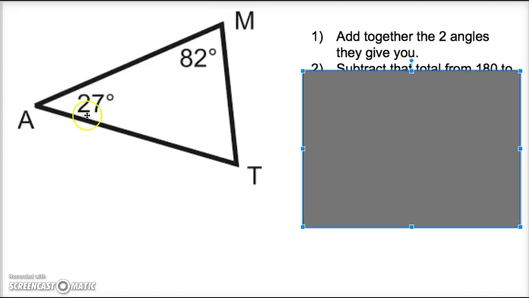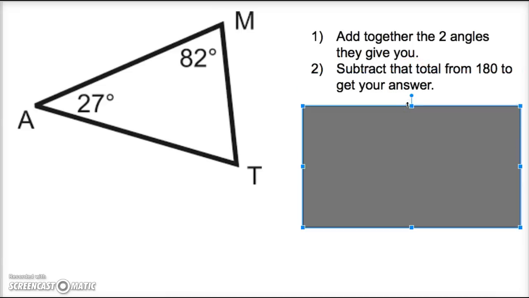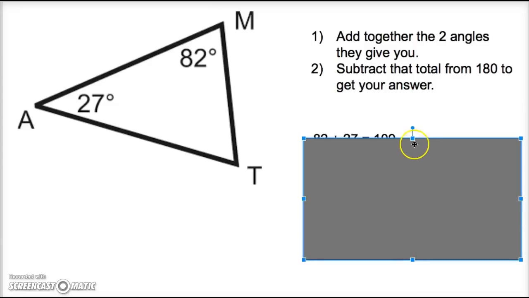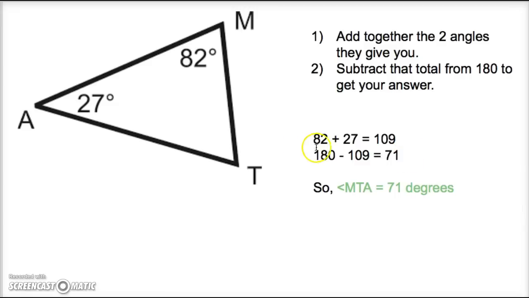In this instance, the 82 and the 27, add them together. And then you're going to take that total and subtract it from 180, and that will give you your answer. So for this problem, we took 82 plus 27, got 109, and then we had to take 180 minus 109 to get 71. So this angle T, which we've named MTA, would be 71 degrees.